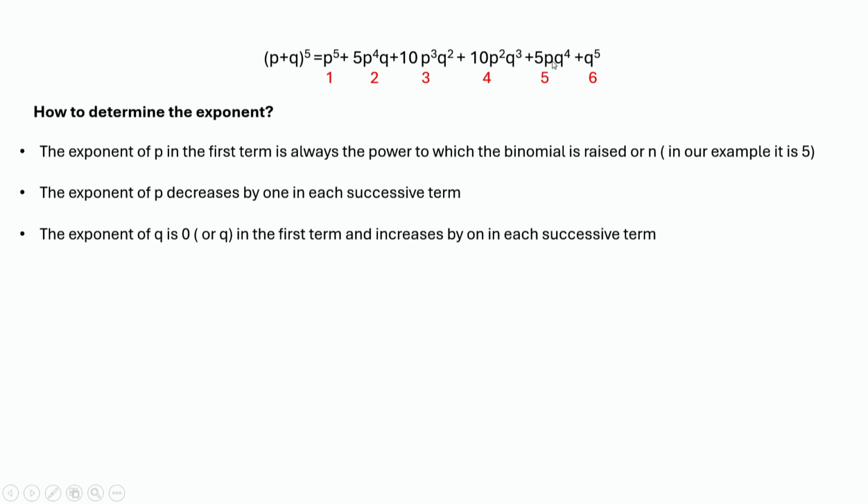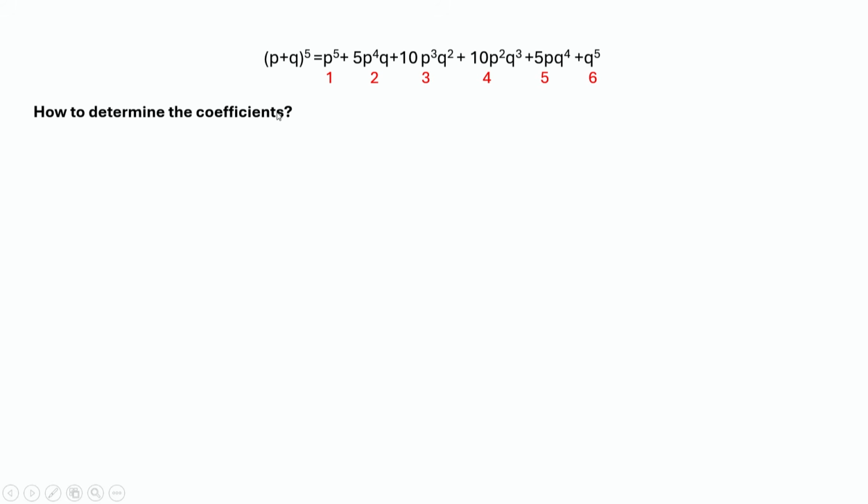So P1 is P and then P0. Okay? And what will we do for Q? If we want to go for Q, what will we do? The first power for Q is 0. Right? So P5 Q0 is P5. And then Q1, Q2, Q3, Q4 and Q5. So P is decreasing and Q is increasing as a power.